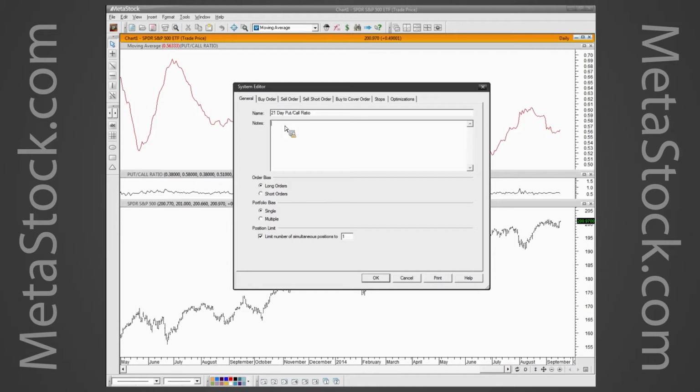In the notes field here, I'm just going to make a note of what we need for this system in order to build and program the formula for it. So we need the data for the put-call ratio.